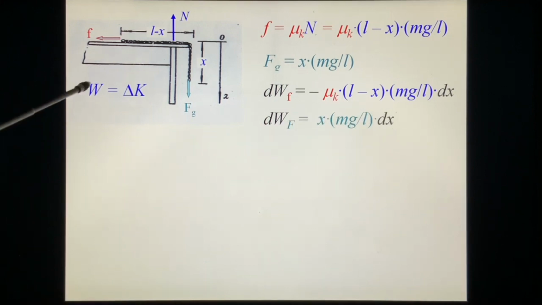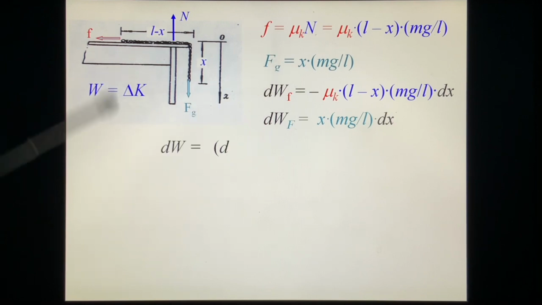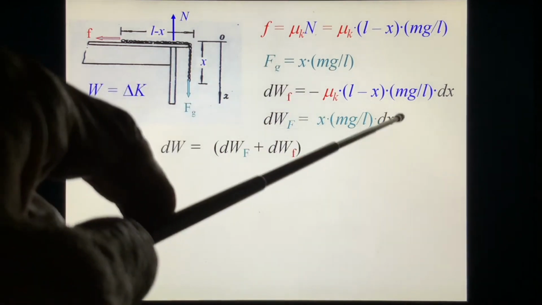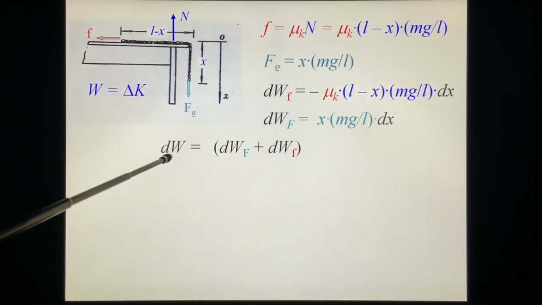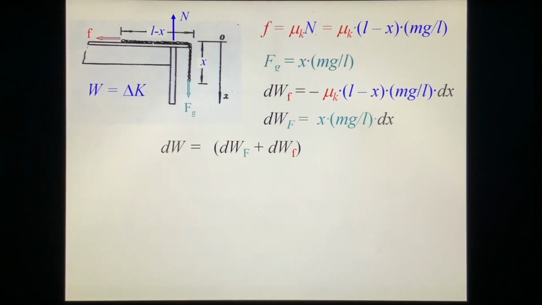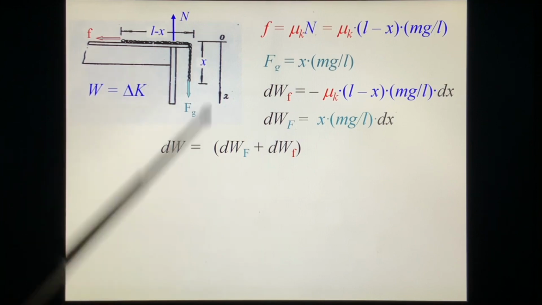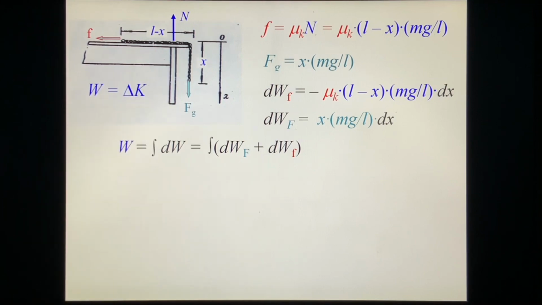Now, we want to find the total work done by these two forces when it has moved. At this moment, we move dx, the work done on this chain by these two forces is this one. If we put them together, we have a lot of dx, we sum them up. Actually, we do the integration. We get the total work done. And this total work done equals delta K, so we can find the final velocity.